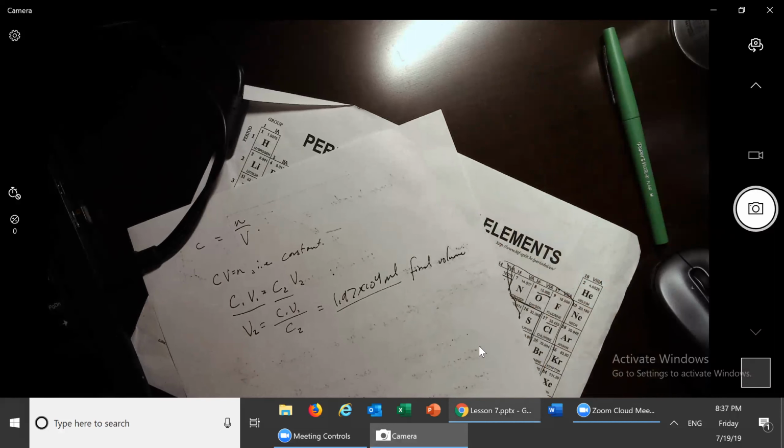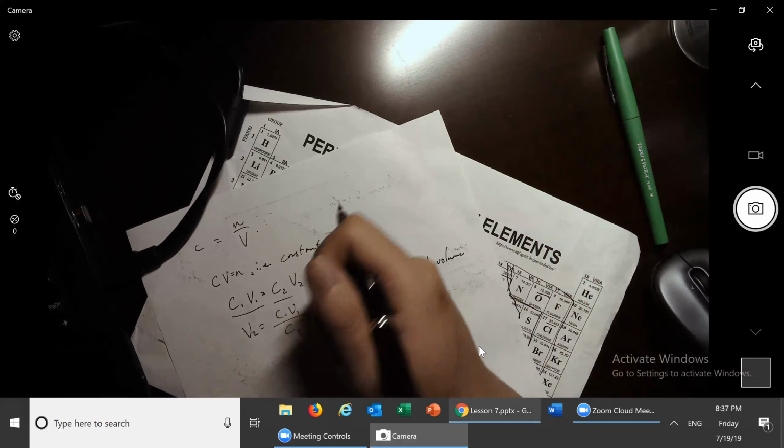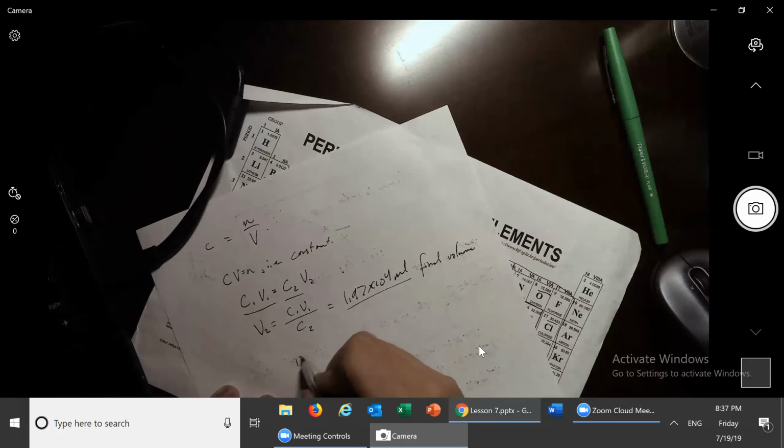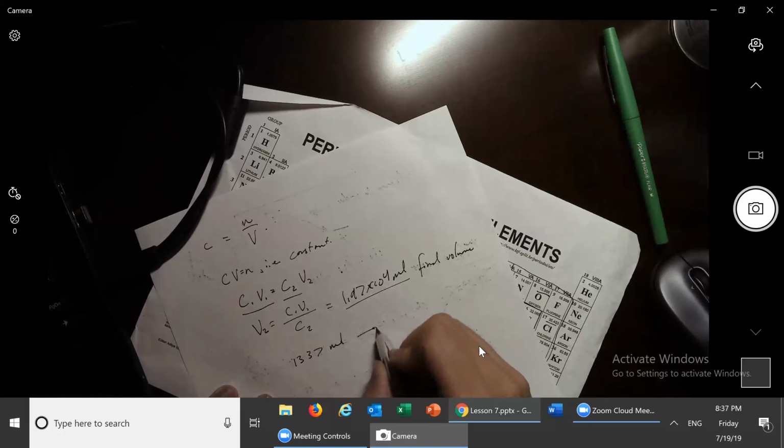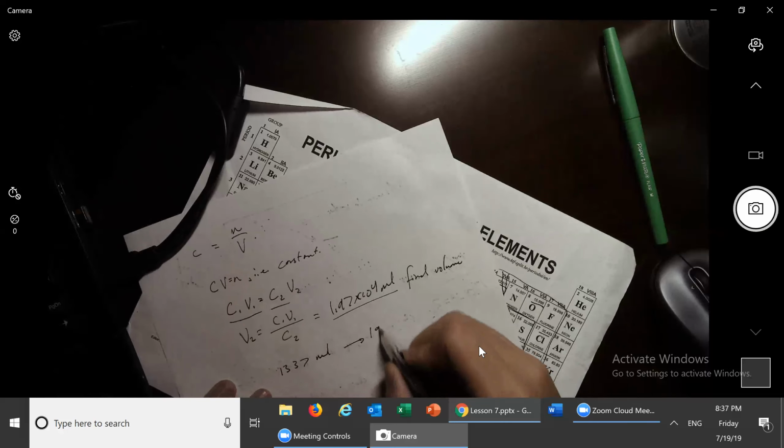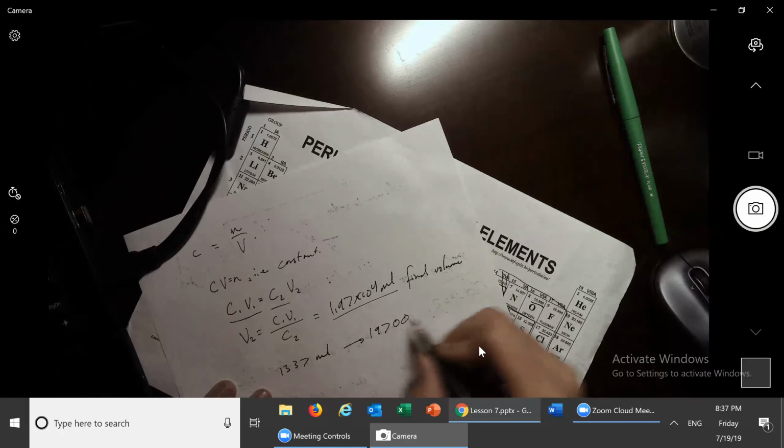And we make the assumption that volumes are additive. Strictly speaking, you cannot add volumes, but we can make the assumption here. Okay, so we started off with 1337 milliliters, and we need to get 19700 milliliters.